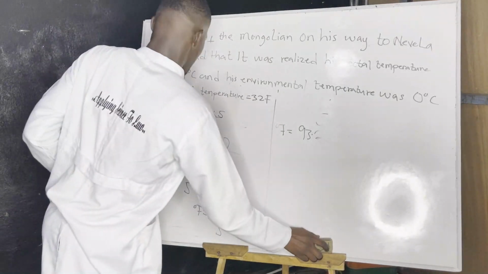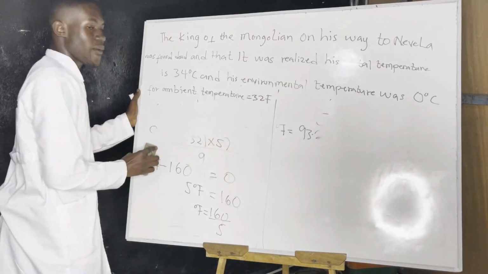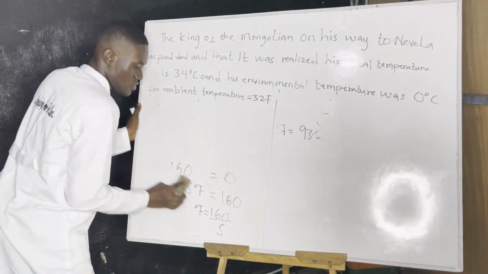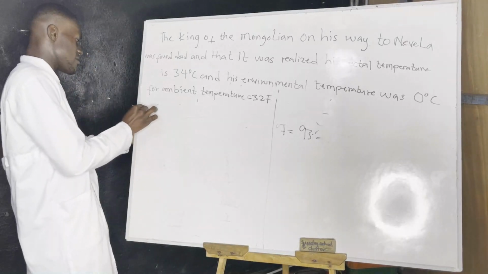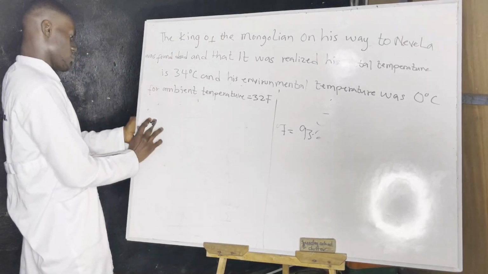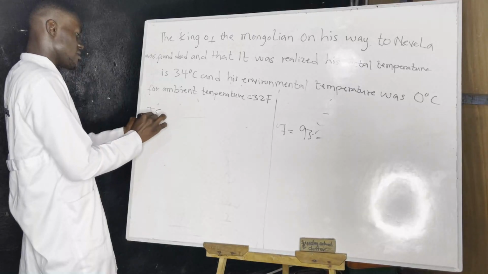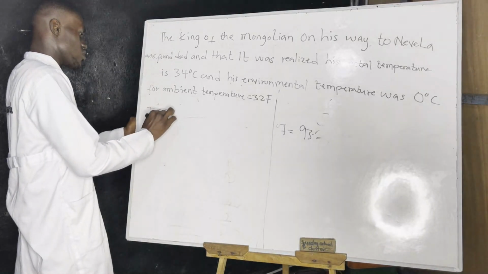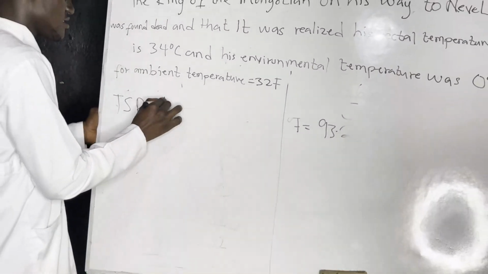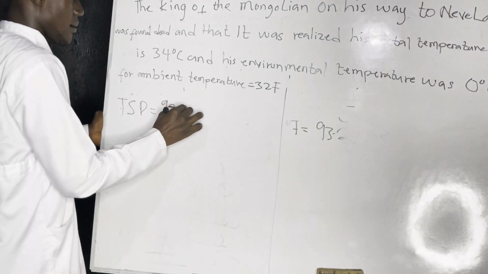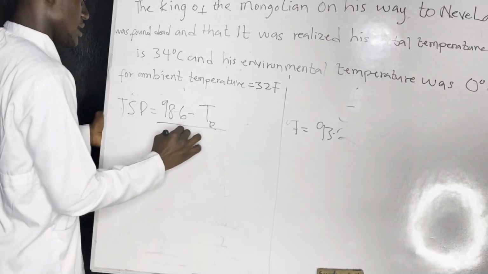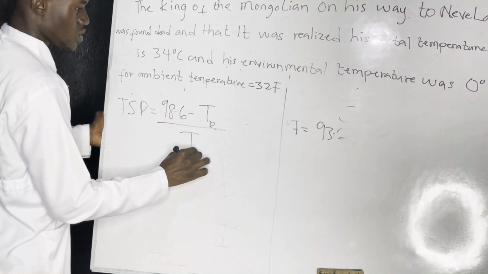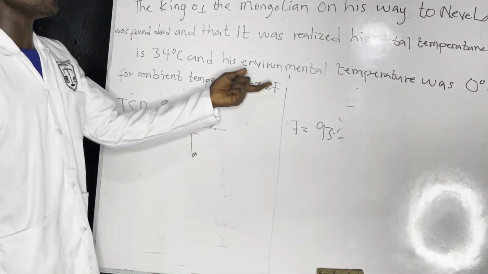So now you are going to use it to find the time since death. You're going to use the general formula we use: the time since death, TSD, is equal to 98.6 minus the rectal temperature, all divided by the ambient temperature factor. Checking here, the ambient temperature is 32.